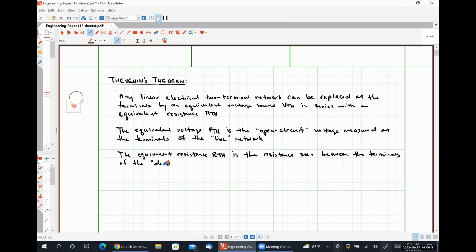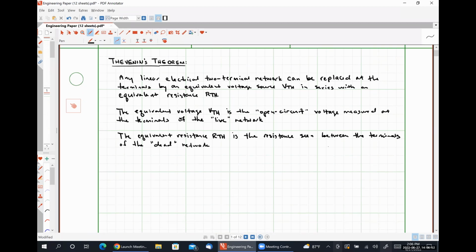Dead, let me write that better. So we are going to analyze the circuit and determine the Thevenin equivalent of this circuit.